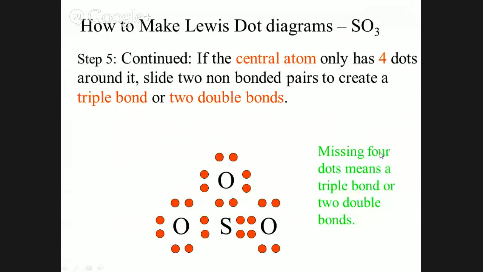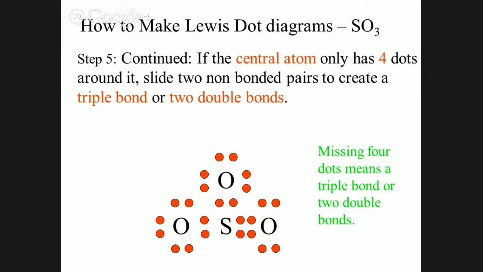If when you get to this point you're like, hey, I need 4 more dots to make every one of them have 8, then you know that means I have a triple bond or I have 2 double bonds. Now, how do you know the difference between which to use? It kind of depends on what your options are for the electrons that are not shared so far. Kind of depends on what's involved in the compound.